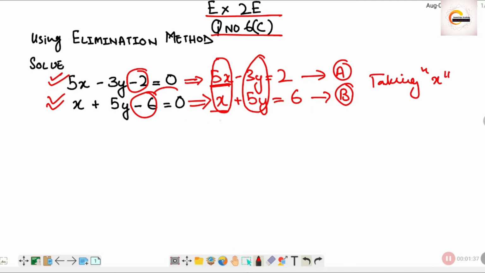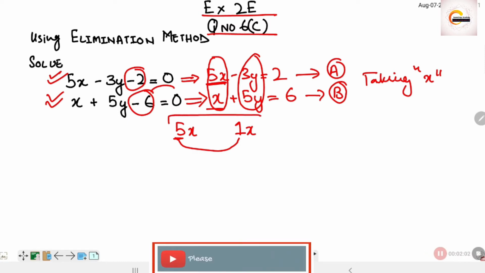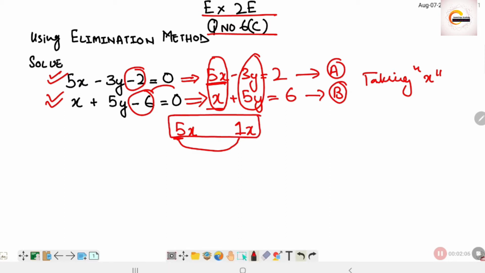That there is a relationship between 5x and 1x. And what is the relation? That 5 is a multiple of 1. So when such kinds of relationships are present in two simultaneous equations, what do we have to do?